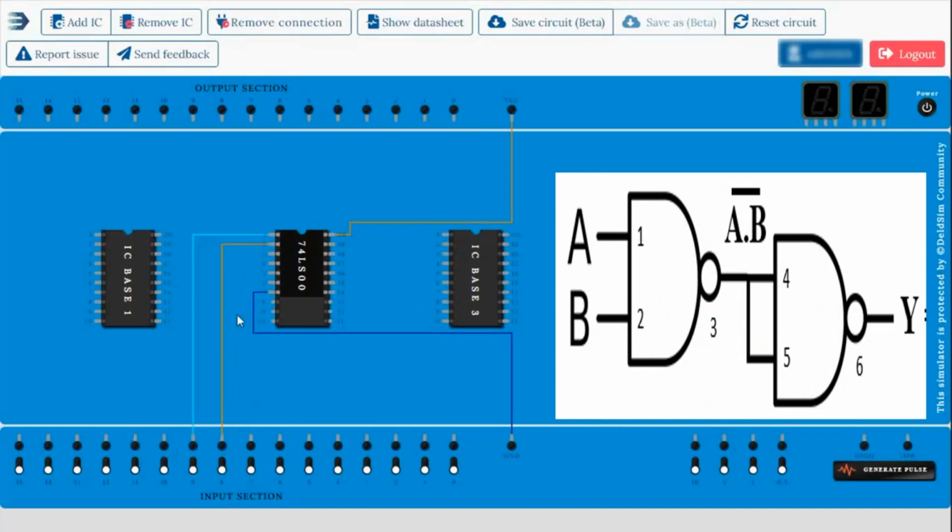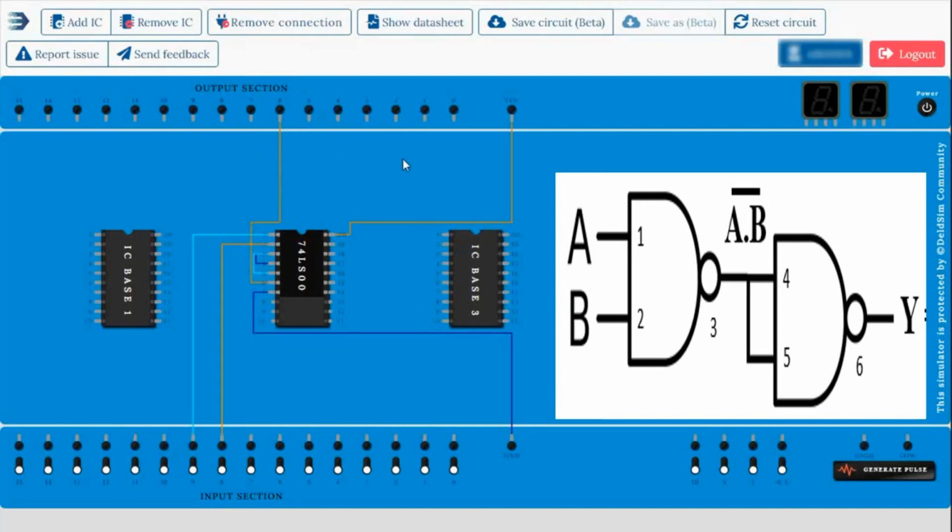Now the output from pin number 3 will be connected to pin number 4 and also to pin number 5. So the second NAND gate gets the input. Final output will be taken from pin number 6. In the circuit diagram, pin number is given for your reference.